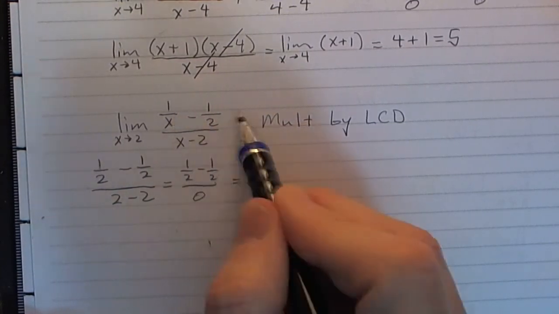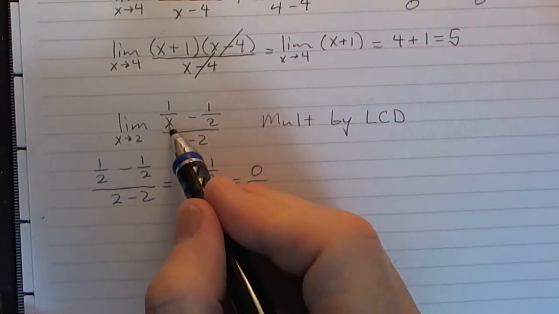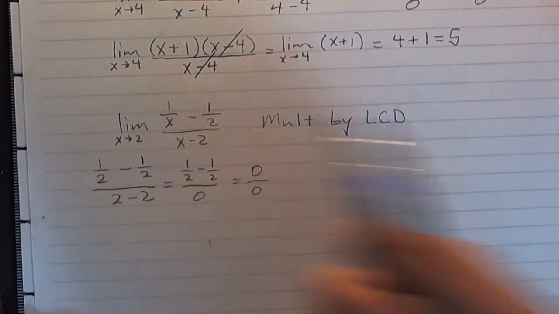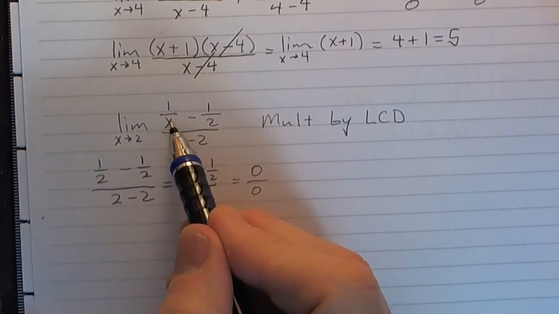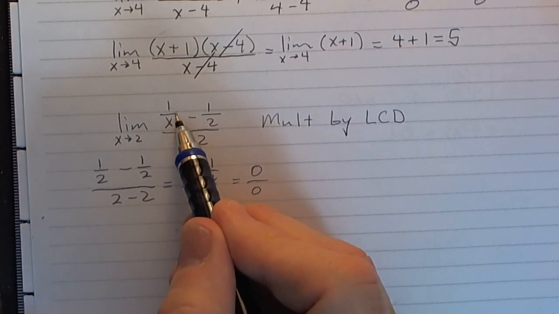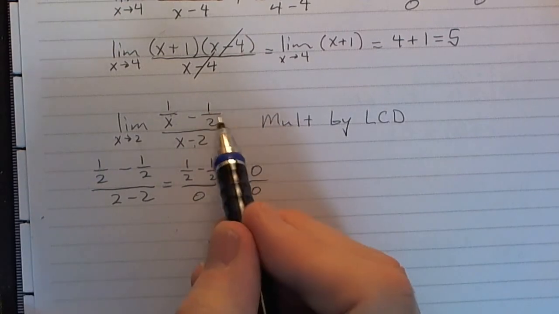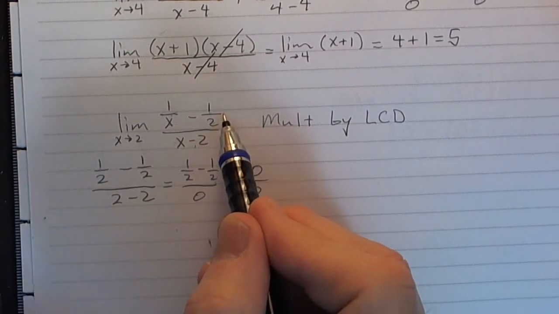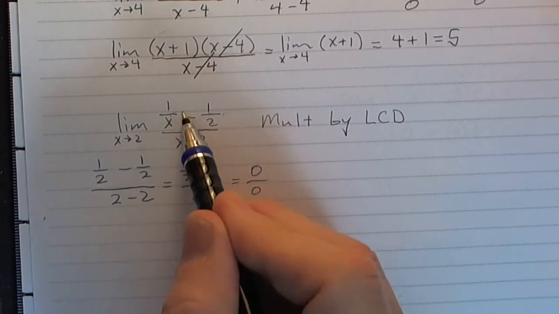I'm just going to multiply through by 2x because I want to get rid of this x, so I need to multiply by x. Well, I can't just multiply by x here. I've got to do it to all of it, here, here, and here. Likewise, I want to get rid of this 2, so I need to multiply by 2, but I need to multiply here, here, and here.